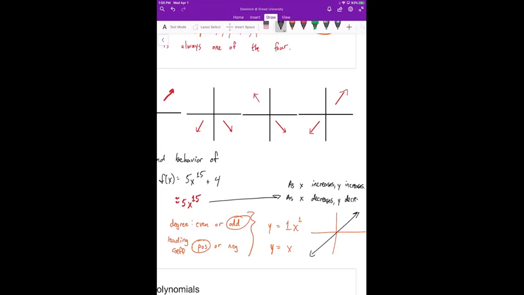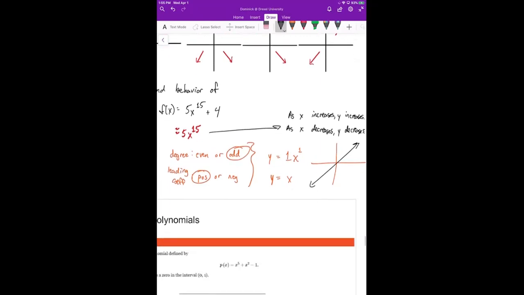And that's sort of the idea. And of course, if your degree is even, then you just look at x squared. And if your leading coefficient is negative instead of 1, you would use -1. And you could look at that graph. Okay.